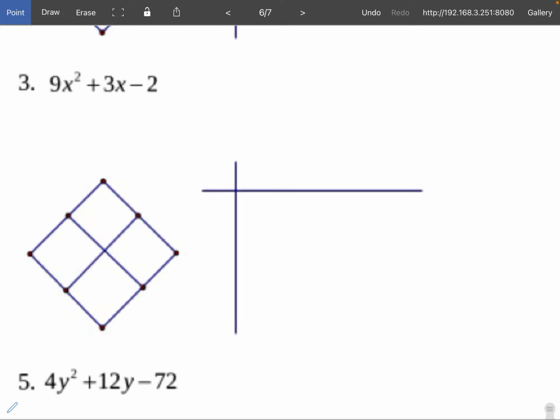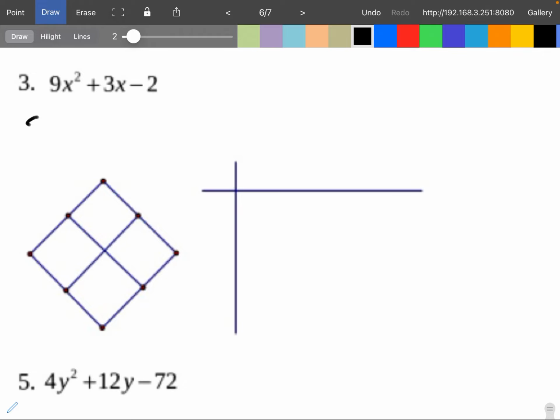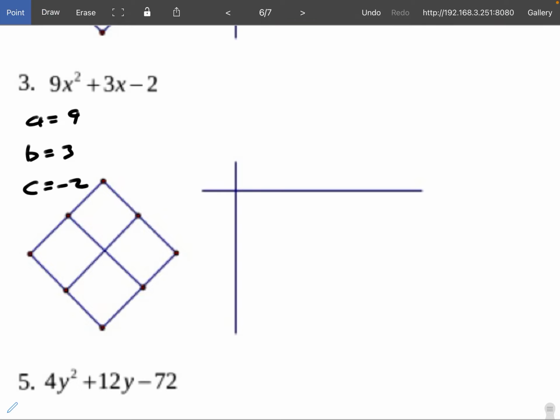So this one's got 3 terms, so we're going to go right to that A times C that adds up to B method. Okay, so in this one, we've got A is 9, B is 3, C is -2.